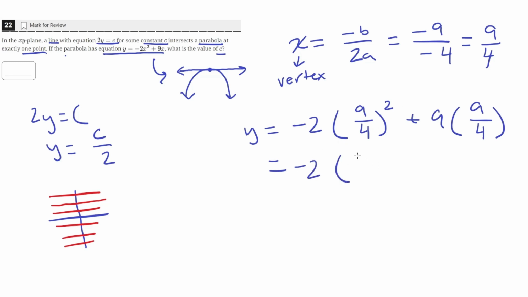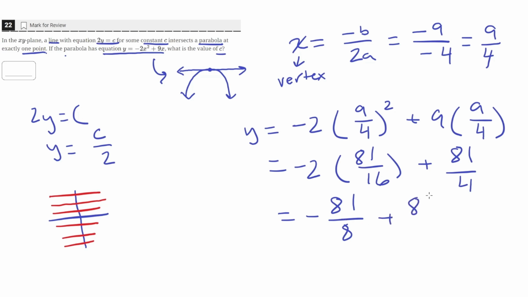Negative 2 times 81 over 16 is negative 81 over 8, since 2 over 16 is 1 over 8, multiplied with 81. So negative 81 over 8 plus 81 over 4. And if we do some fraction math, we get that this is equal to 81 over 8.